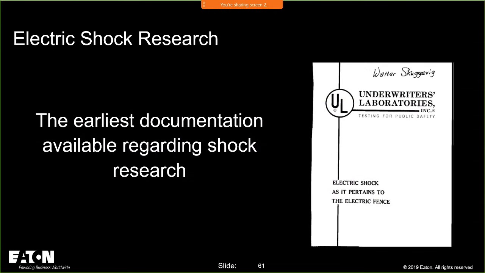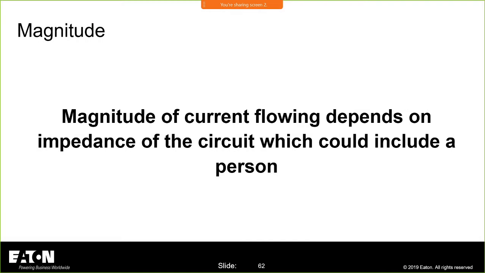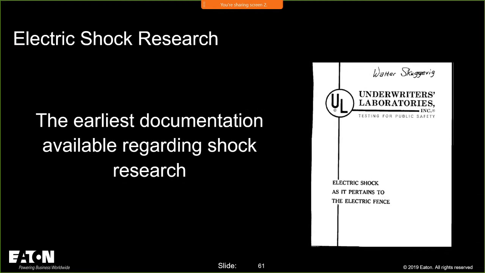In my research, I found the earliest documentation available that I'm aware of was research that was done around the electric fence. The story there is really interesting. That's a study where they came up with some of those data points from the resistance of the body. The magnitude of current depends on the impedance of the circuit, which could include a person.